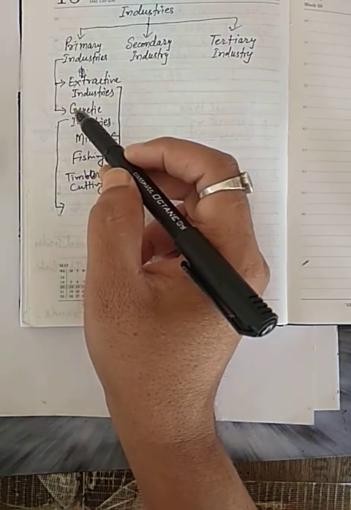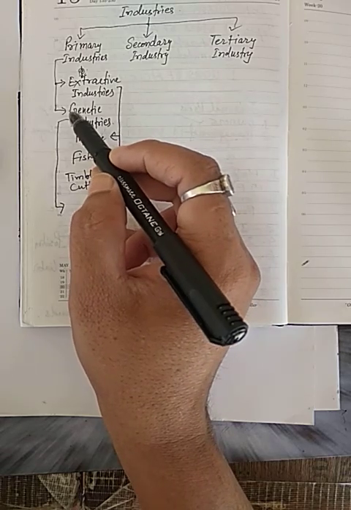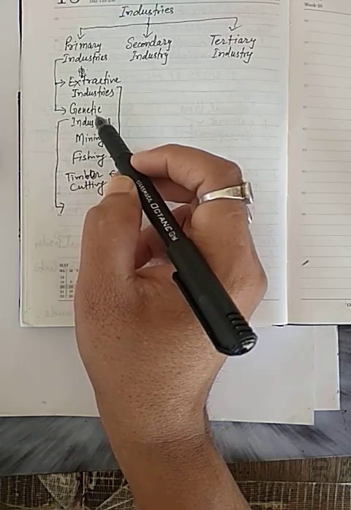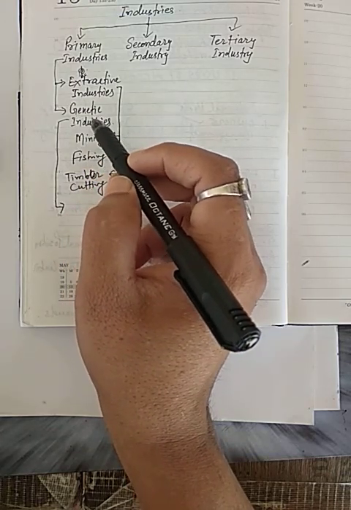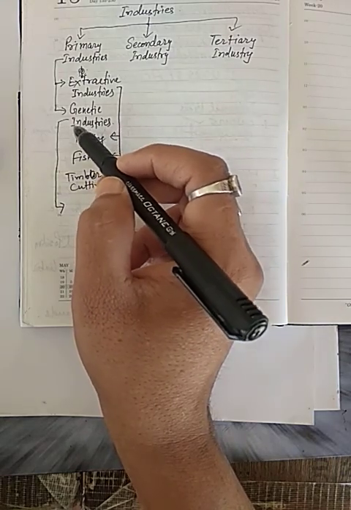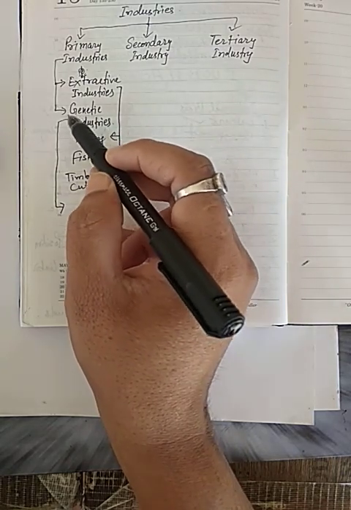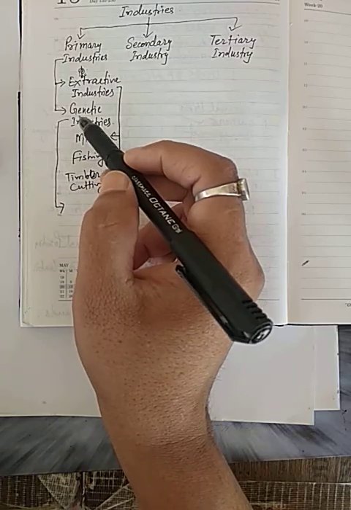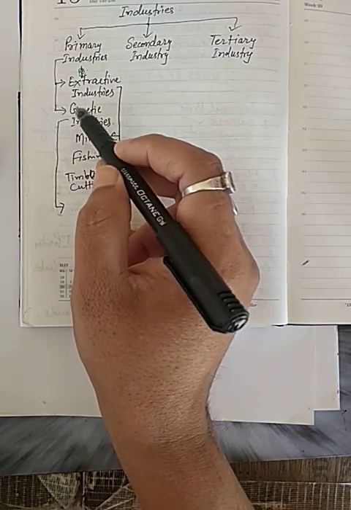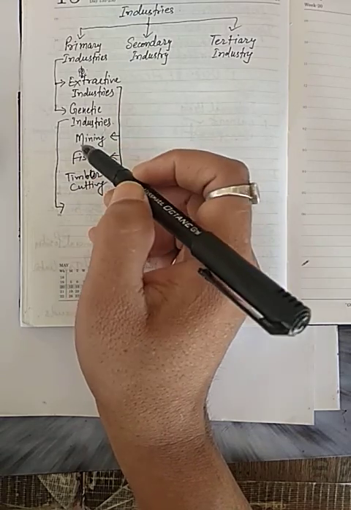For example, rearing of cattle for milk, dairy farm, poultry farm, rearing of plants, nursery, growing fish in ponds, etc., are included in genetic industry.